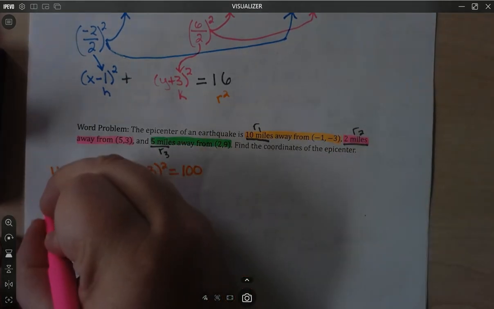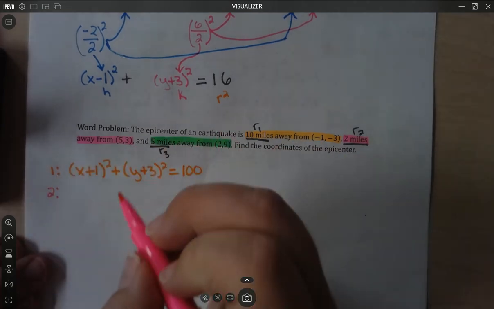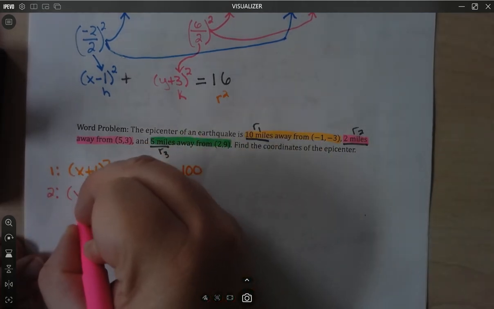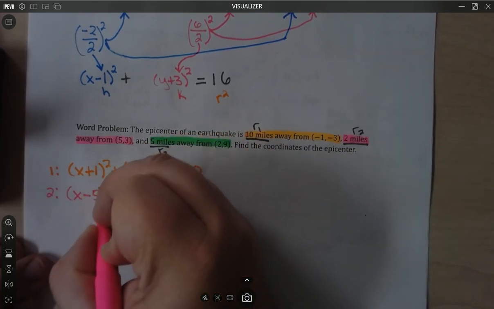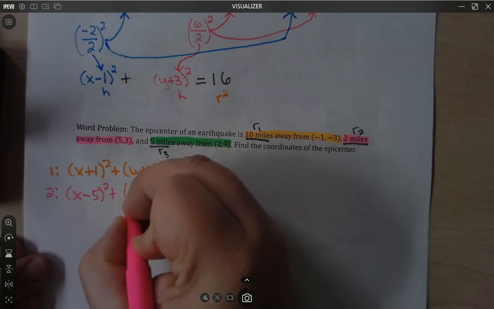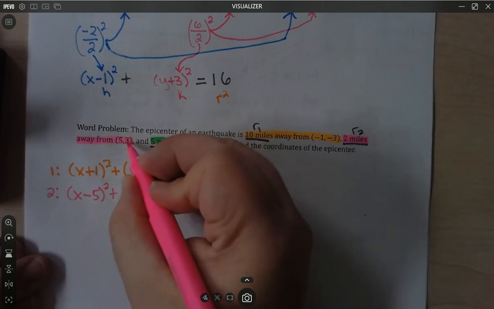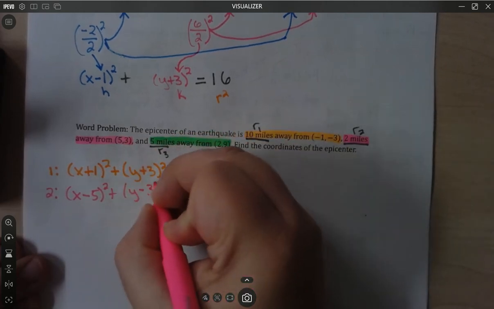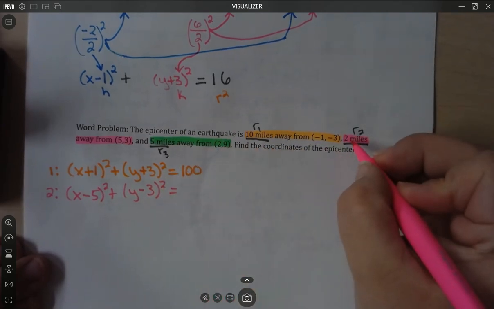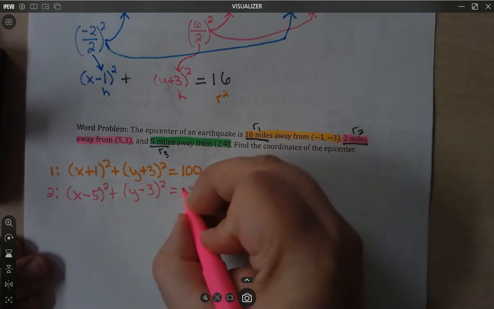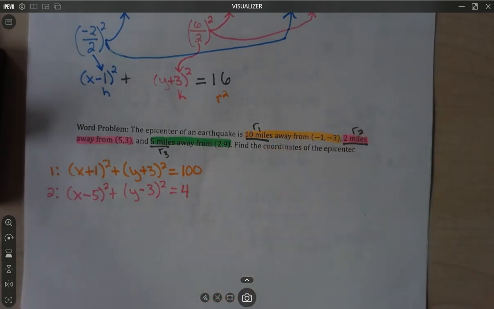Then let's go circle 2. It is x minus h, this time h is positive, plus y minus k, again k is positive this time, equals our radius of 2 squared, so that equals 4.